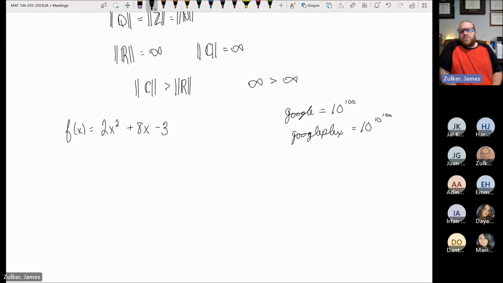You drop $1 million. Does your bank account even notice? No, right? So for very, very large values of x, these terms really don't matter. The function behaves as 2x squared.